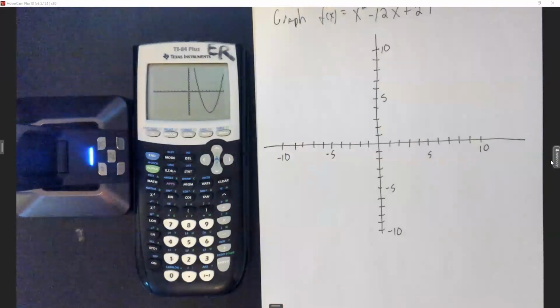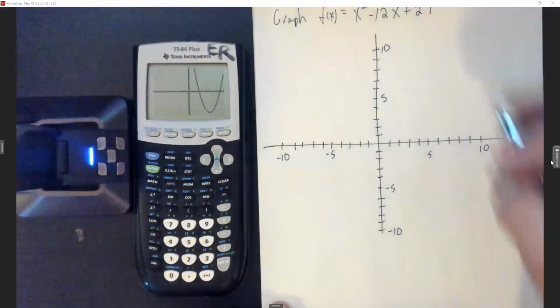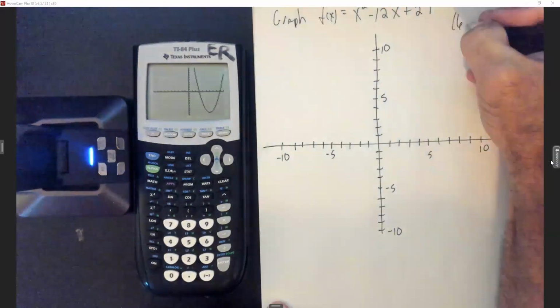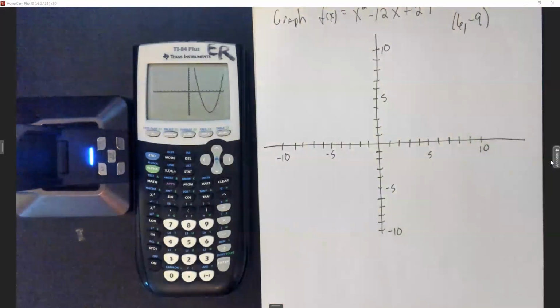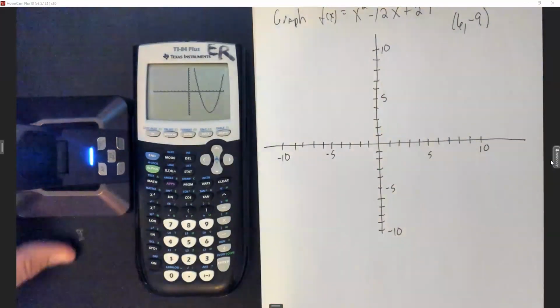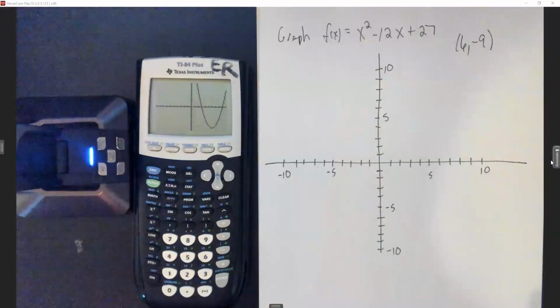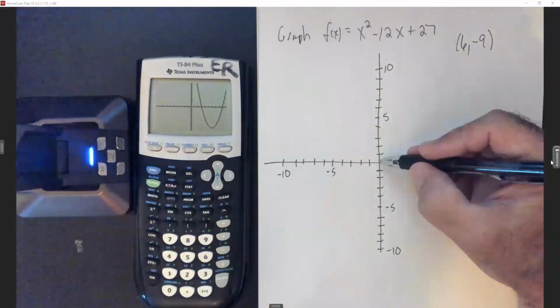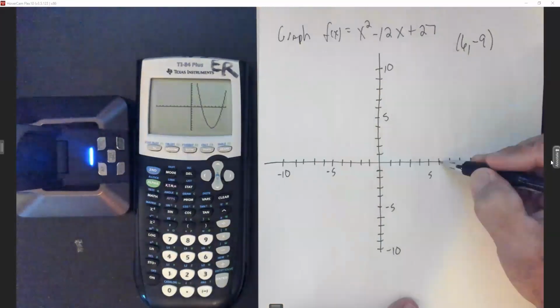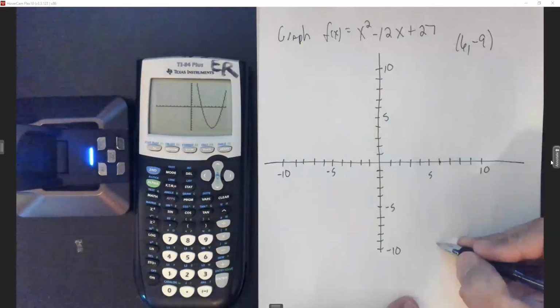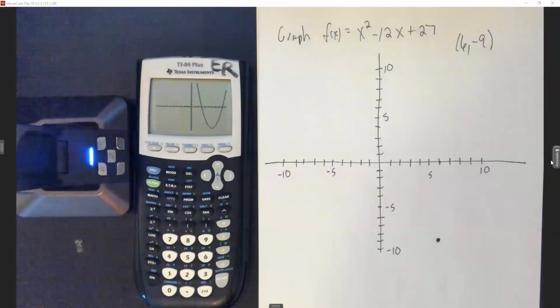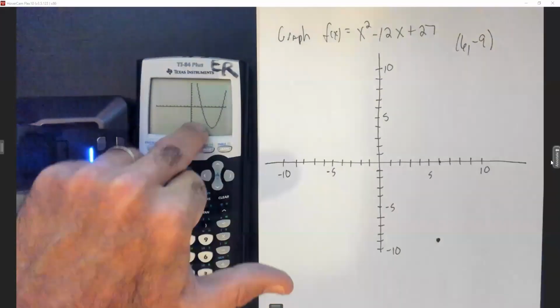All right, so to graph this, I knew my vertex was what? 6 and a -9. So the very first point I'm going to plot would be that 6, -9. So we got to go right 6, woo, and then down 9. Well, I'm happy because I remember on my graph it was over there in that area.